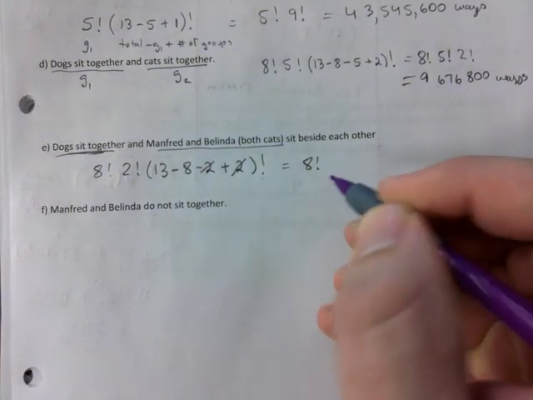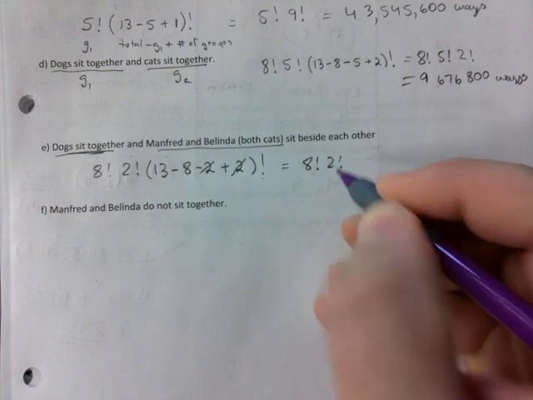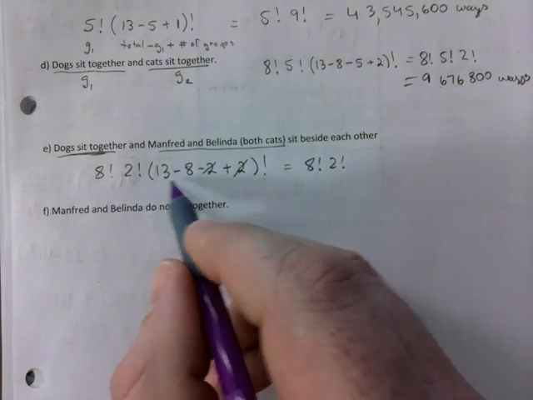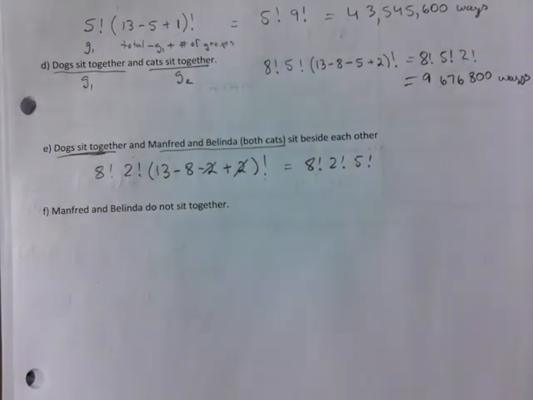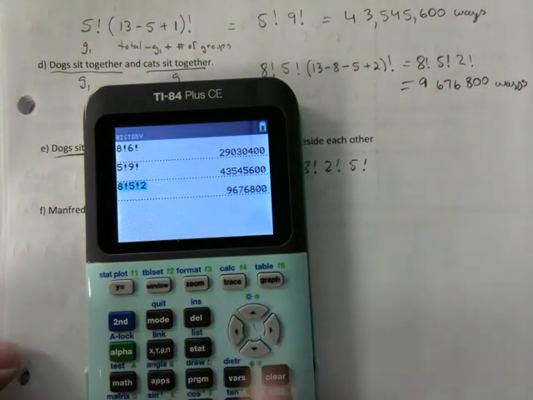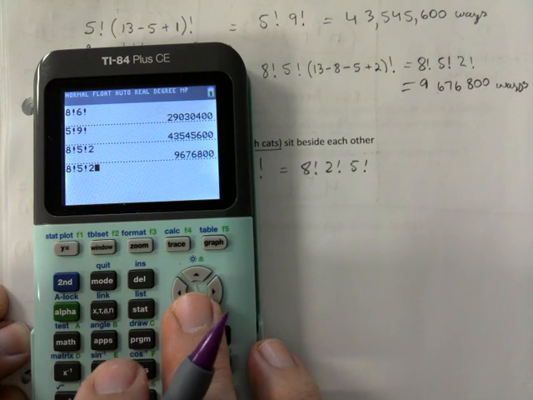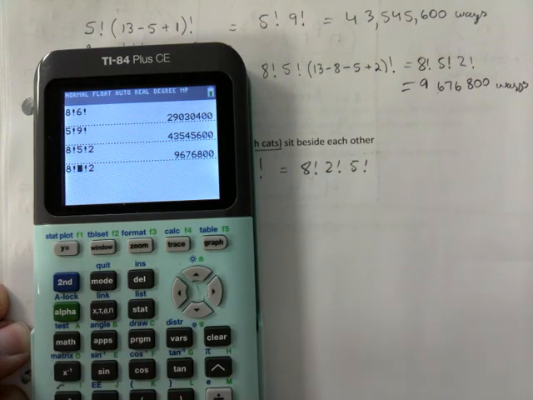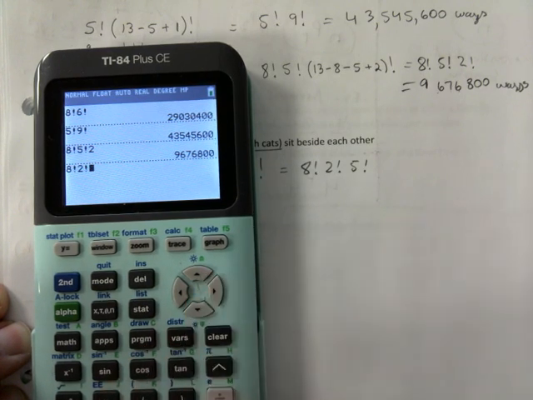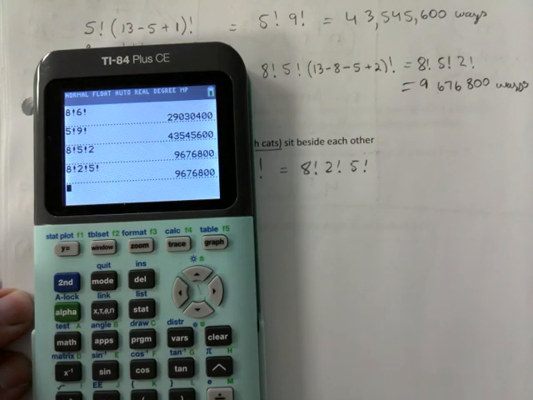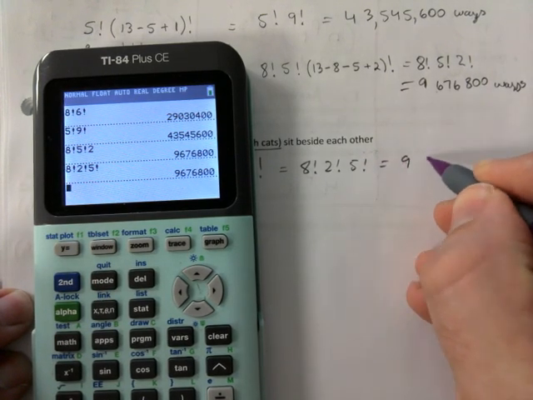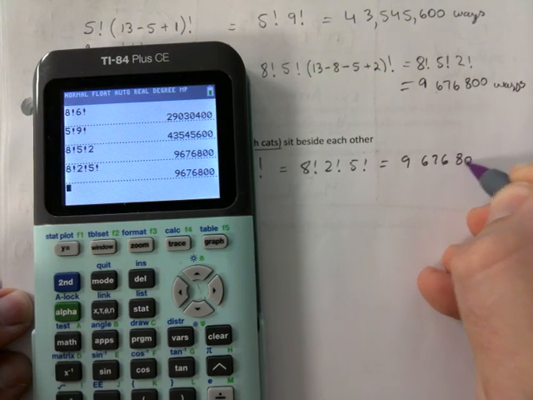So that'll be 8 factorial, 2 factorial, and this would be 5 factorial like that. I'll just copy paste. It ends up being the same, right? 825, there we go. That's just how it goes.